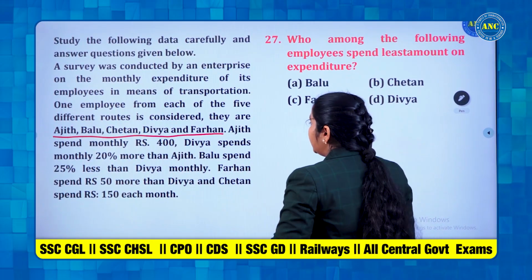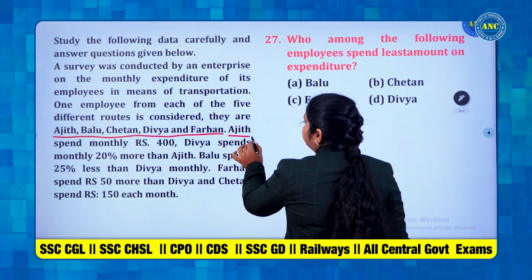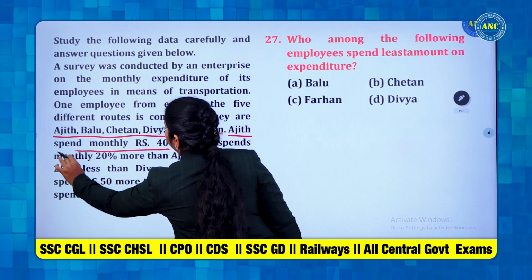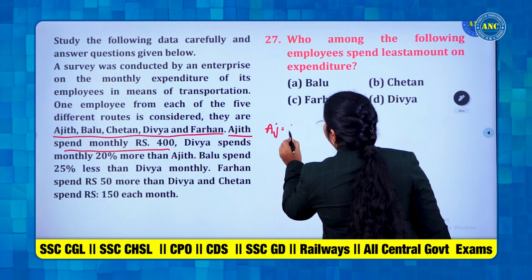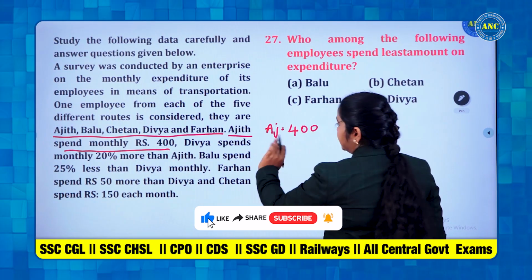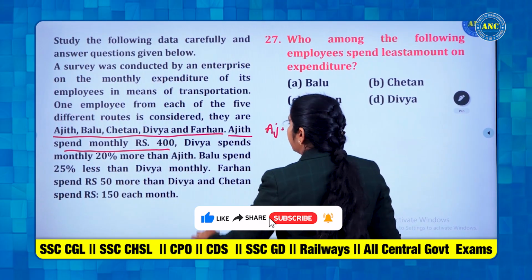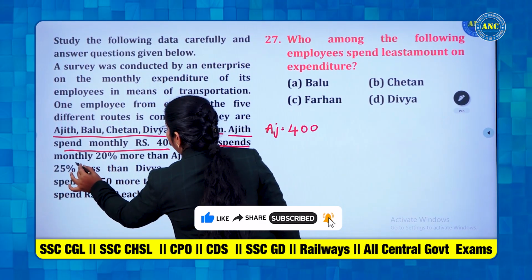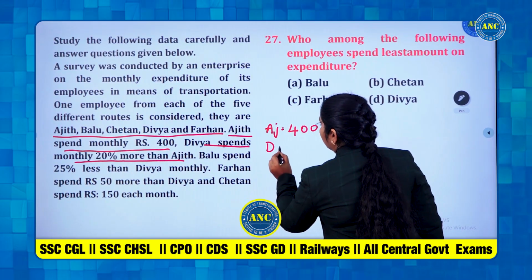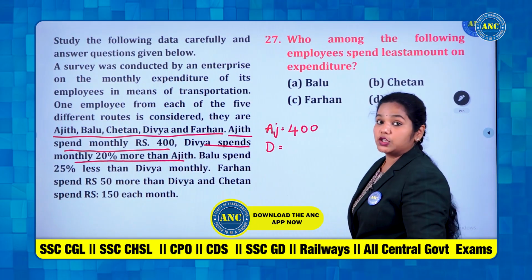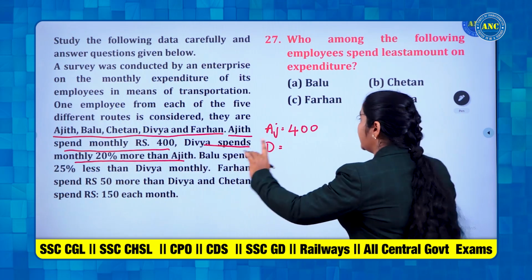What did they say? Ajit spends 400 monthly. This data is clear. Next, Divya spends 20% more than Ajit.